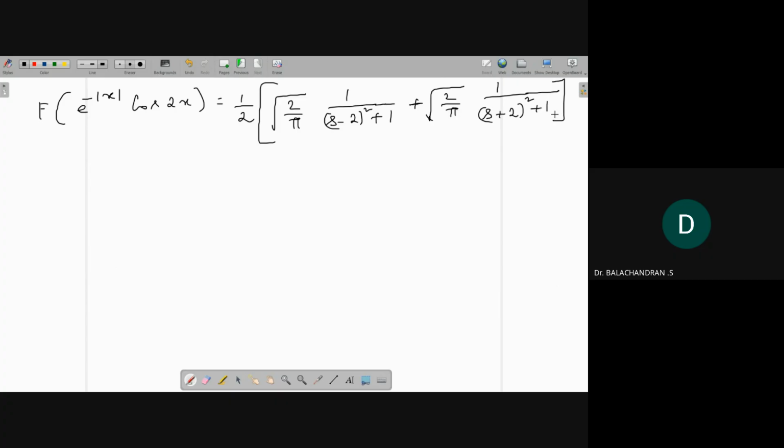Close the bracket. So which is equal to, you can take root 2 by pi common, and 1 by 2.